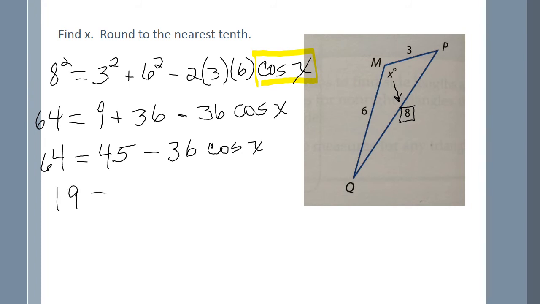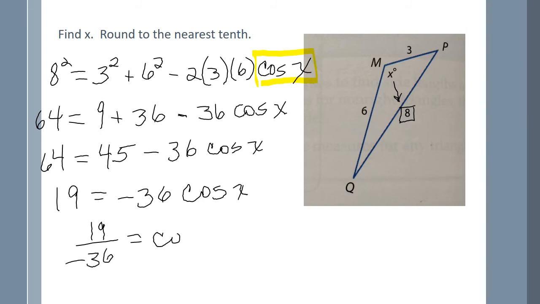19 equals negative 36 times the cosine of x. So, 19 divided by negative 36 equals the cosine of x.